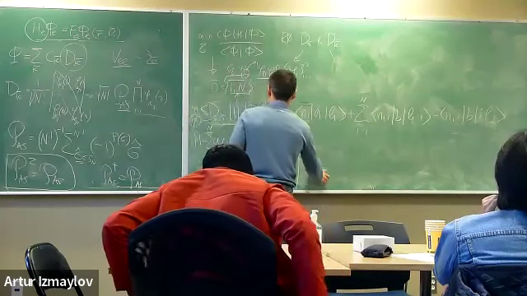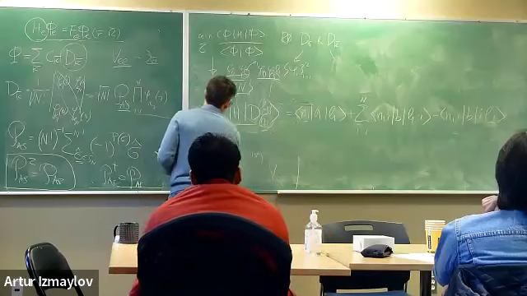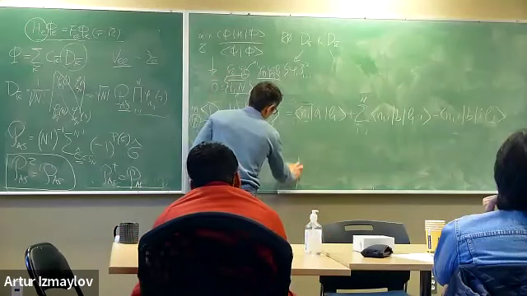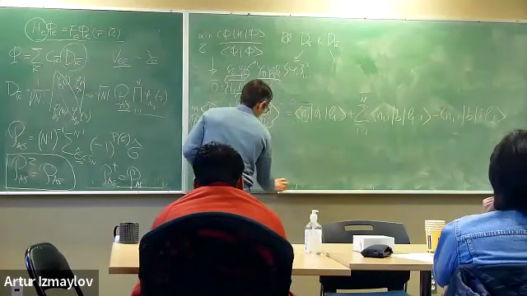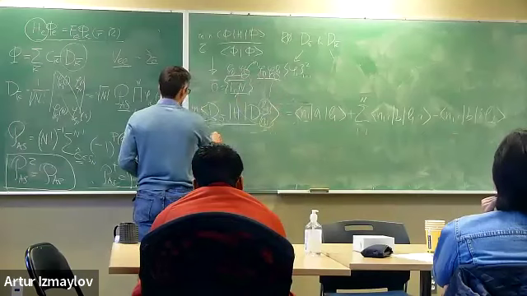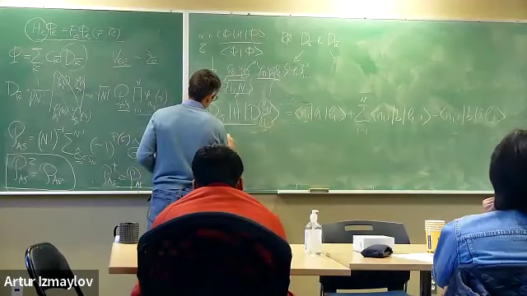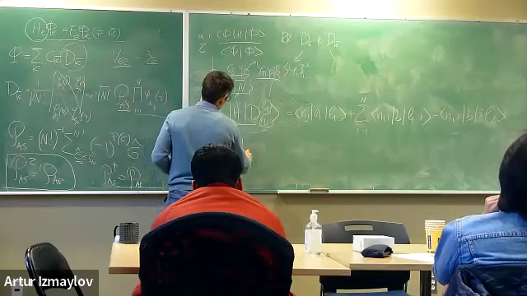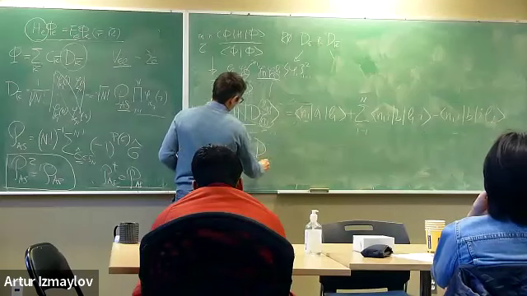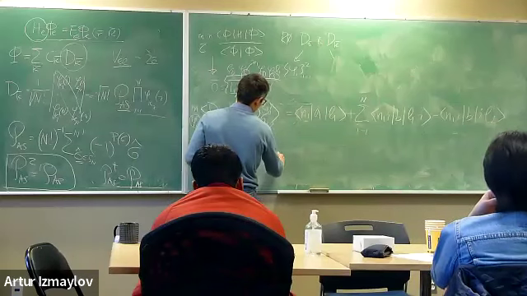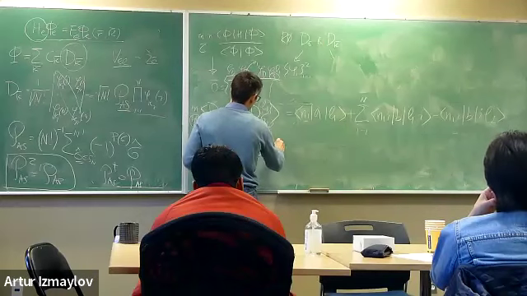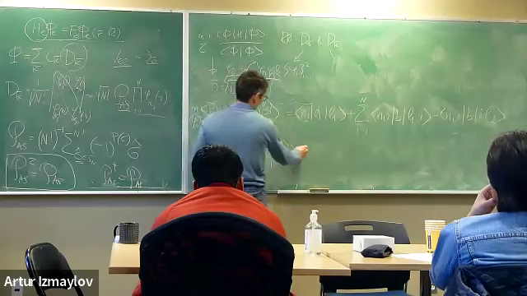Now, the last one will be the formula where we have D0, H, D, where N1 and N2 are substituted by L1, L2. That's the last one.